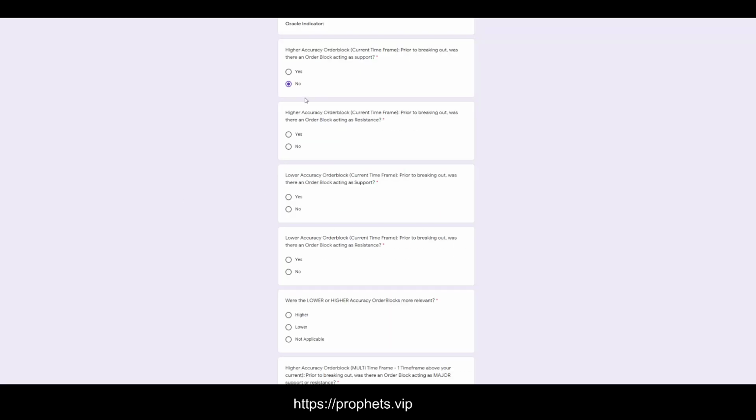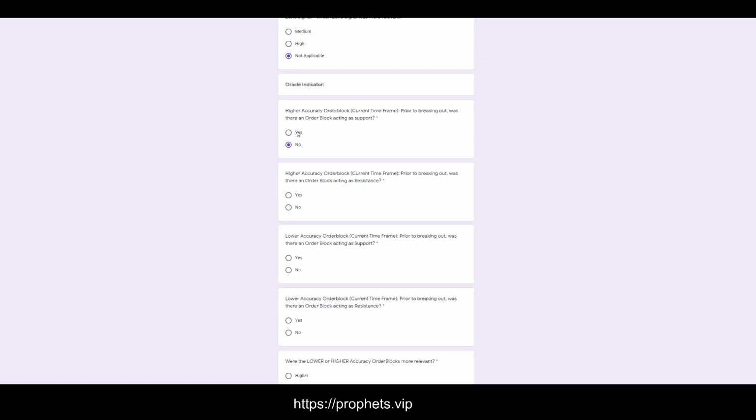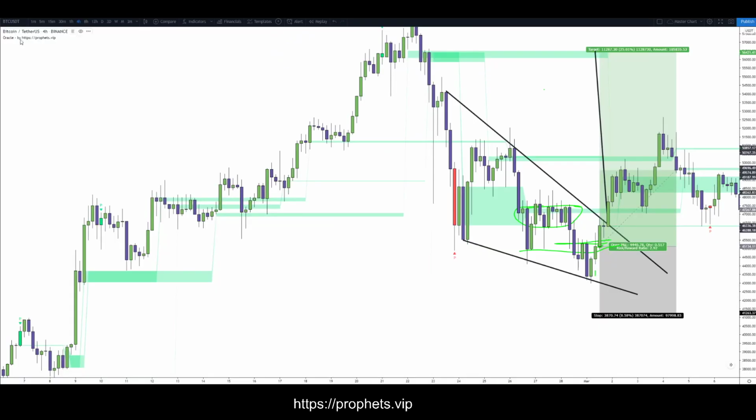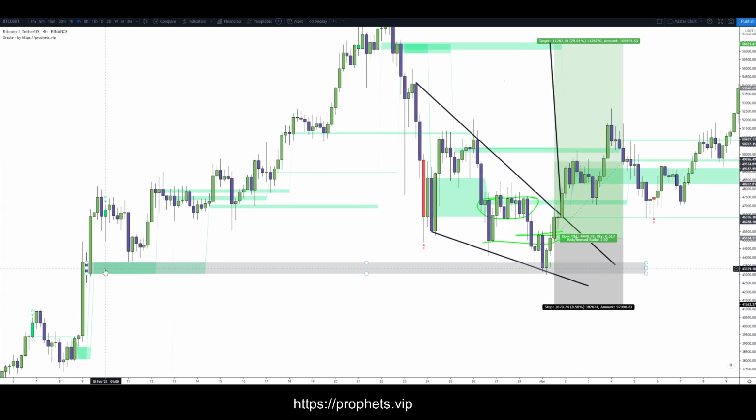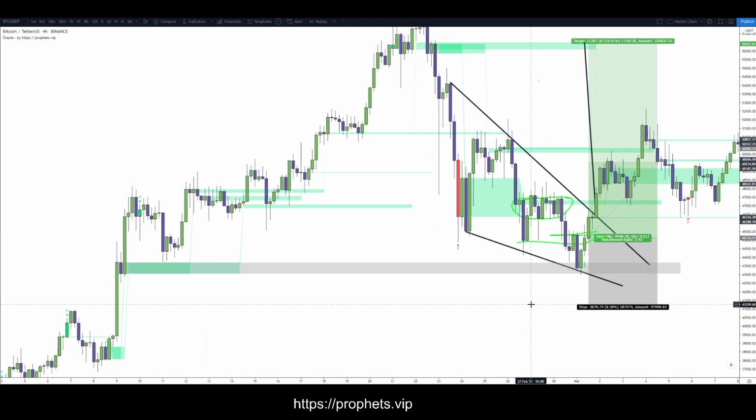Zooming out a wee bit. So we go back to this top question. I'm going to say yes to this because if we zoom out, which I should have done, really rookie of me by not doing that, this candle here, that's our order block, which it has picked up very nicely, has been the level of the re-entry. We actually longed on that. So, perfect, alright? So that's actually a yes.